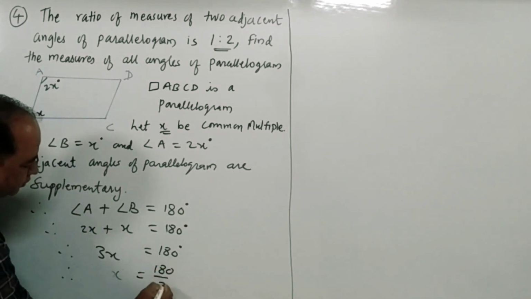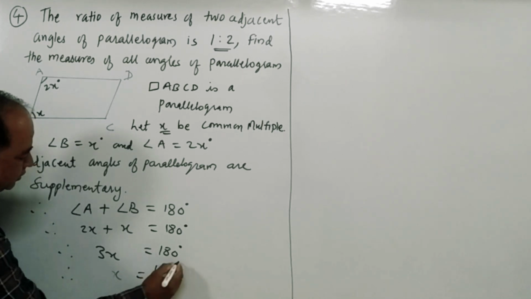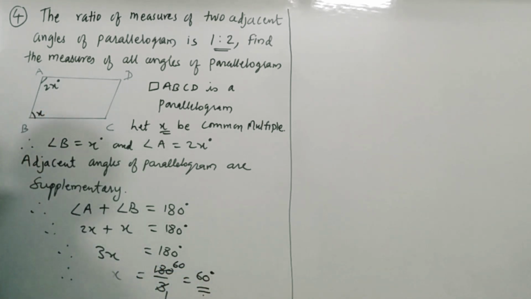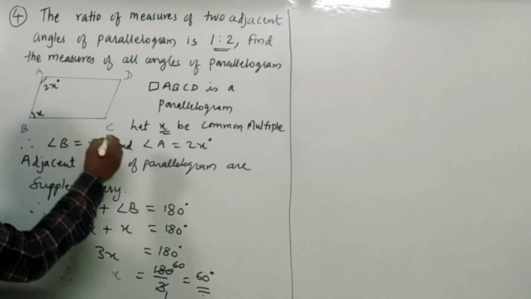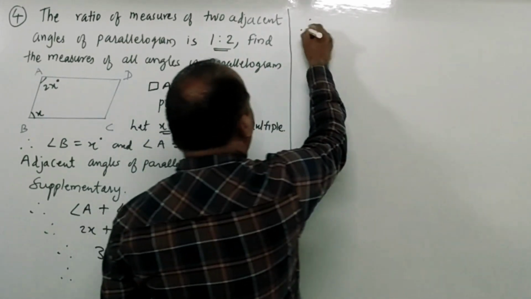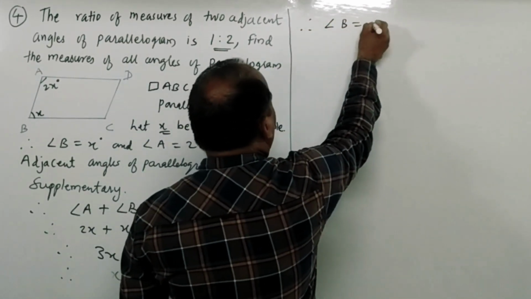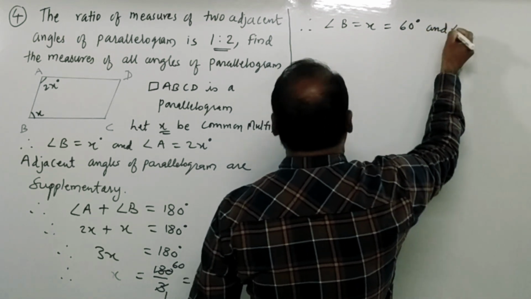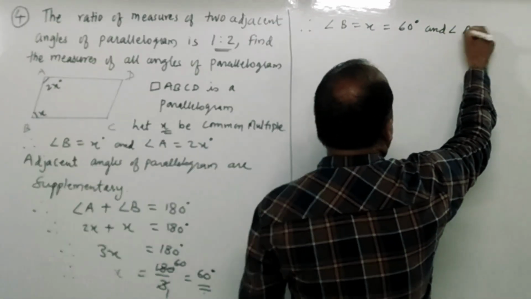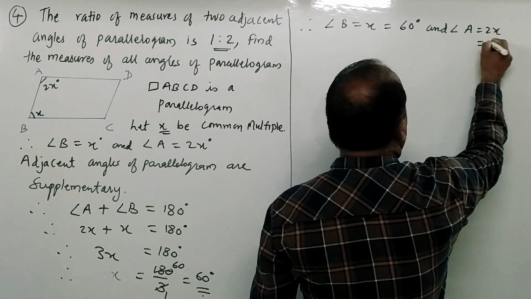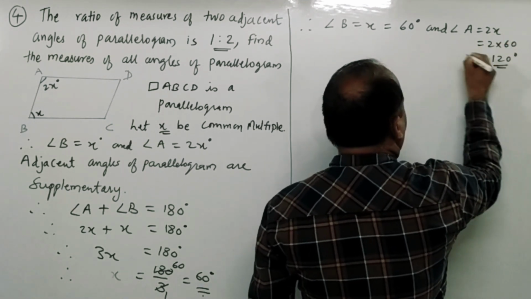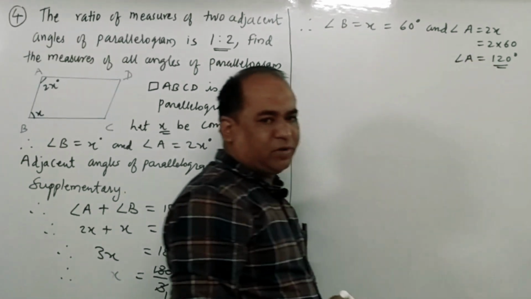Therefore, x is equal to 180 upon 3, that is 60 degrees. So angle B is equal to x, which is 60 degrees, and angle A is equal to 2x, which is 2 into 60, which is 120 degrees.